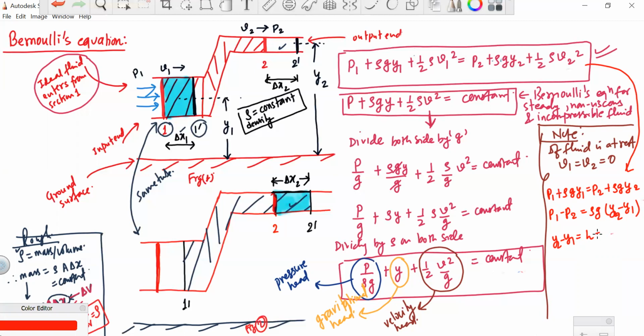Therefore P1 minus P2 equals rho g h. So we can rewrite Bernoulli's equation for fluid at rest by this expression.